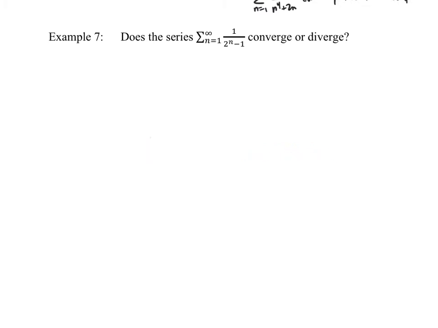We're going to have to look at the limit comparison test. So we have the limit as n goes to infinity of 1 over 2 to the n minus 1. And the big question is, what do we compare it to? Well, remember, I just compared it to 1 over 2 to the n, and it seemed kind of close, although it didn't quite help us with the direct comparison test.